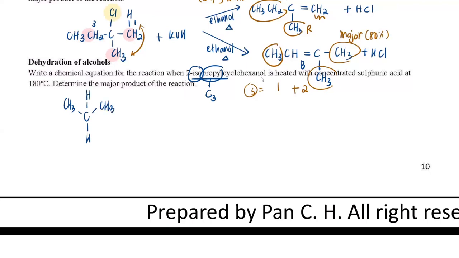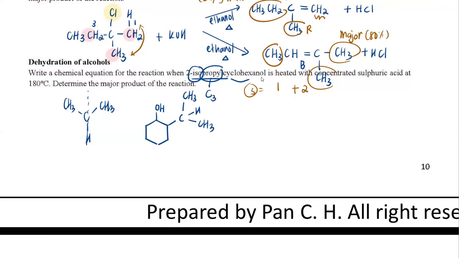This is isopropane, and this is isopropyl. This is the symmetric point. And cyclohexanol is something like this, and then 2-isopropyl. This is the structure.